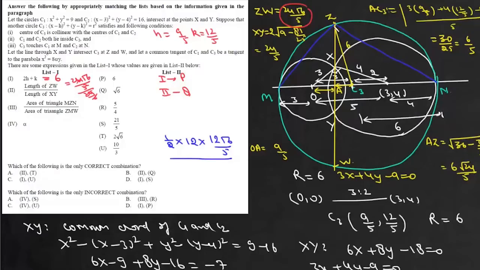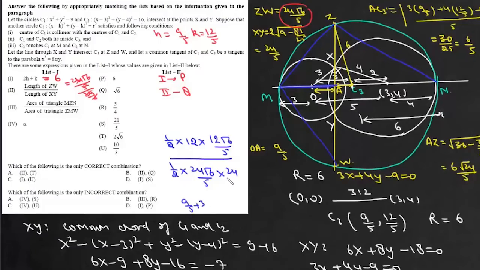Area of triangle ZMW, this triangle, and here this is your base and that's your height. So this area will be 1 by 2. Base is ZW, which is 24 root 6 by 5 into this AM. Now OA is 9 by 5 and this is 3. So it will be 9 by 5 plus 3. 15 plus 9 is 24.